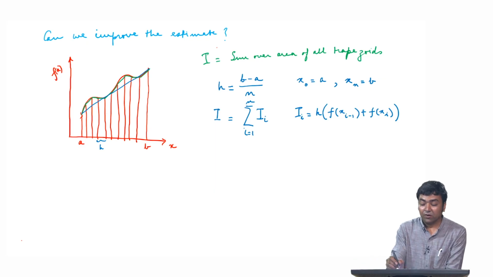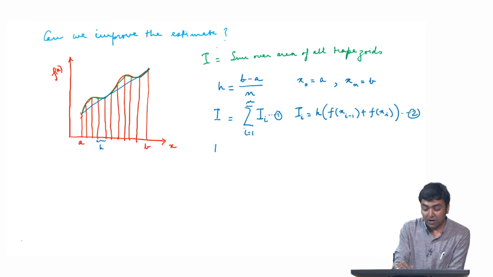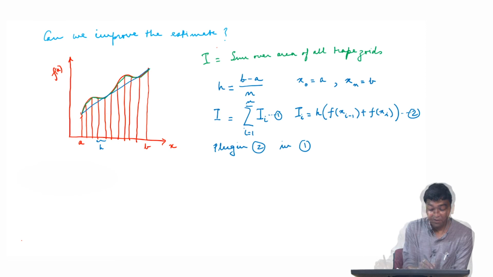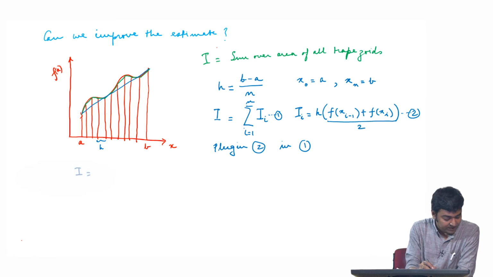Okay. If I call this equation 1 and this equation 2, now if I plug in equation 2 in 1 and try to expand it, sorry, there will be a by 2 here. So, what I will get is the following.